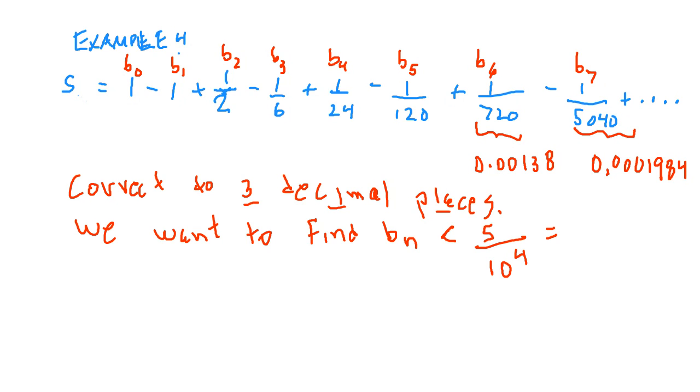Just like with the example we did in section 8.3, we put a 5 in the numerator and then 10 to the 4th power, because 4 is 3 plus 1. Well, 5 over 10 to the 4th power is 0.0005. If you take 5 and divide it by 10 to the 4th power, you get 0.0005.